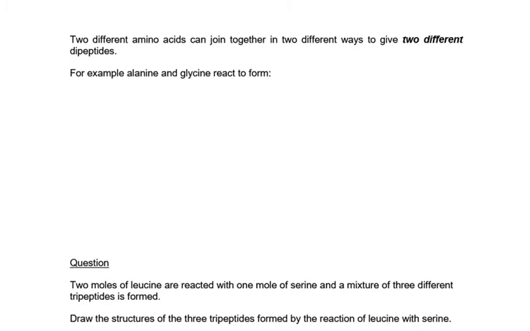So swapping their position actually makes a slightly different product. So let's have a go at doing that. If we know that in alanine, our R group is actually a CH3, these are on your data sheet, and in glycine our R group is a H, we could think about the two different ways round we could make this dipeptide. So pause the video and take a couple of minutes and try to draw your two different dipeptides.